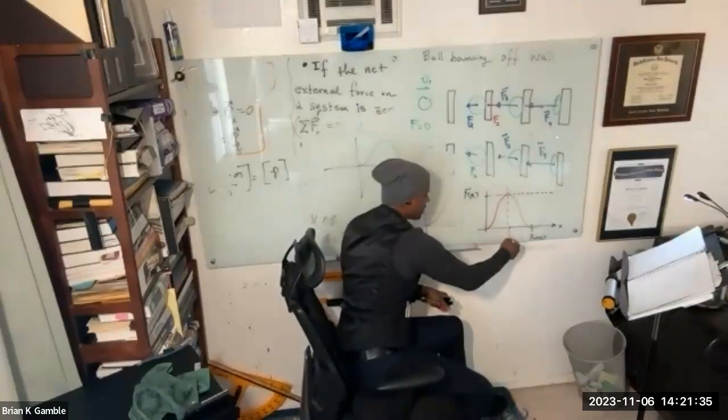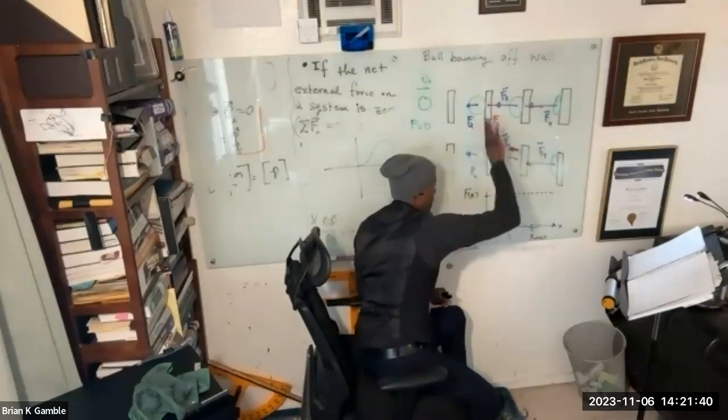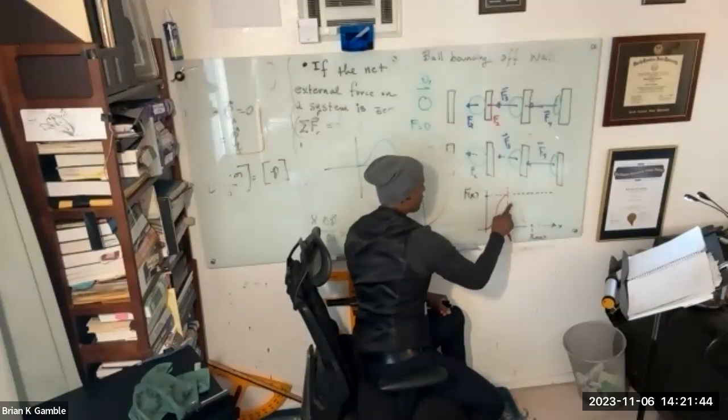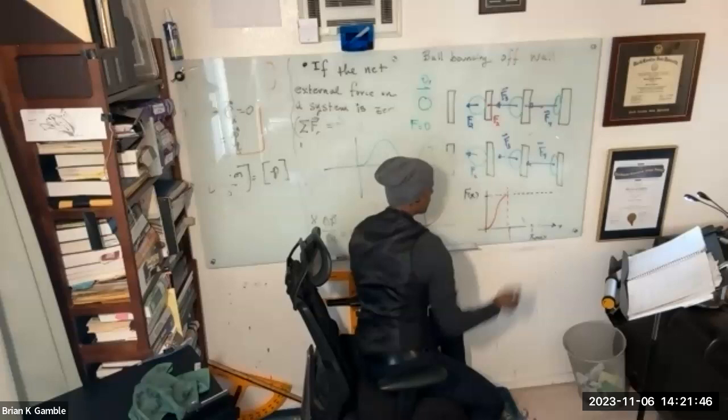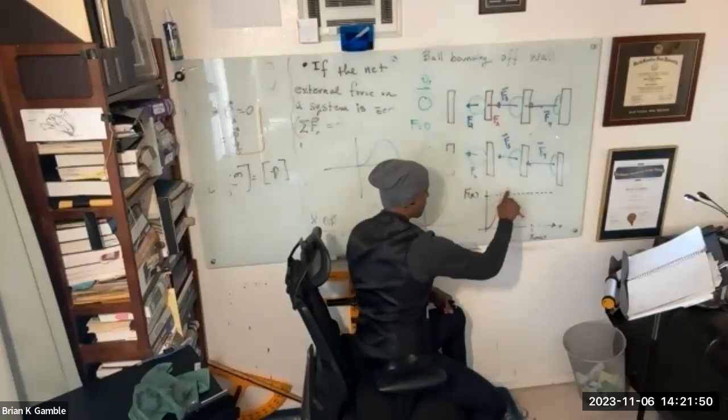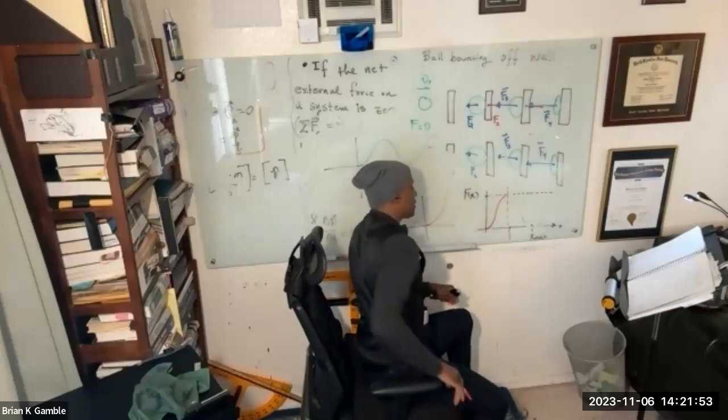What are the two dash lines for? This is just the halfway mark, because it compresses, then it bounces off. Sorry about that. So this halfway mark is just between this point, and this is the maximum force that we would have when it's fully compressed.